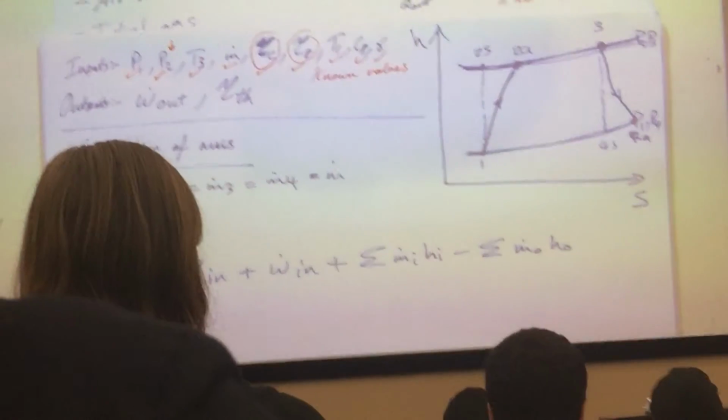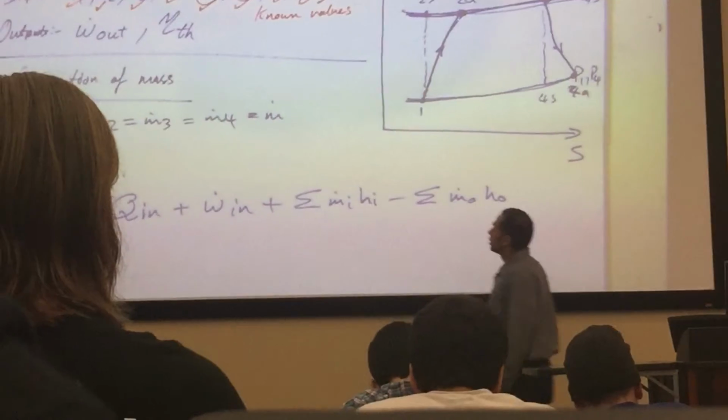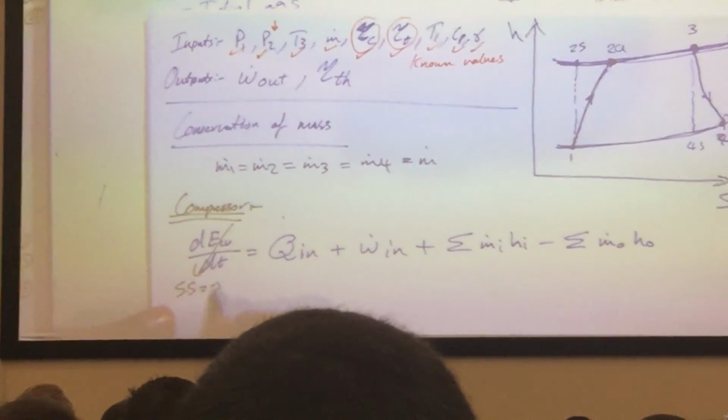Okay, so this was my conservation of energy equation, which we drew last time. I assume steady state. So what happens to this term? Cancels out. Is this one dimensional? Yes. So this cancels out. Steady state equals 0.